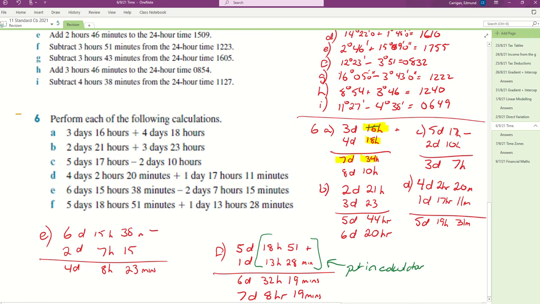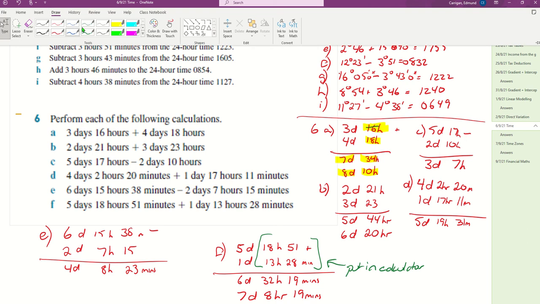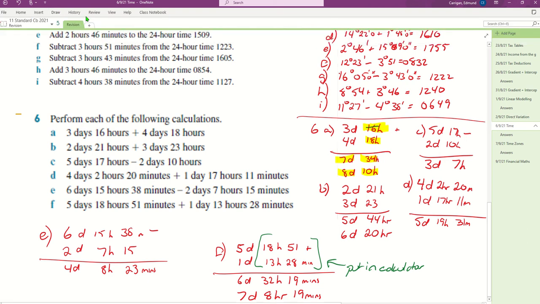We've got 7 days, 34 hours. We know there's only 24 hours in a day, so that's 1 day and 10 hours. We add a day to our 7, and we subtract 24 from the 34 to get 10. That one can go straight in our calculator, this one.